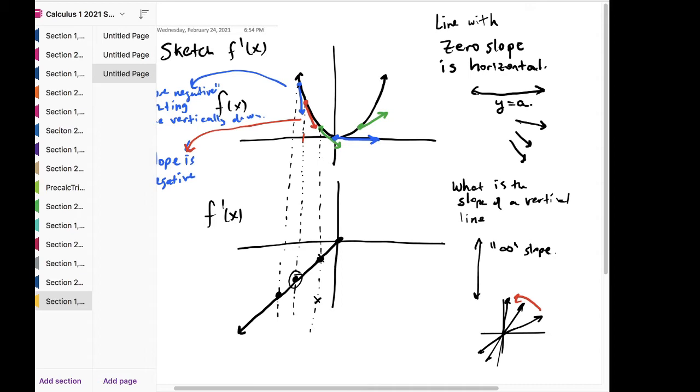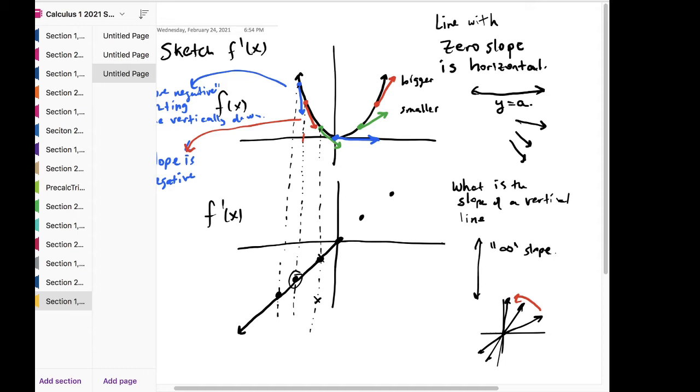Positive, right. So maybe let's put it here. And then keep on going. Is it positive, negative, and is it bigger or smaller than the one before? Yeah, this one is bigger. So it's closer to a vertical line.